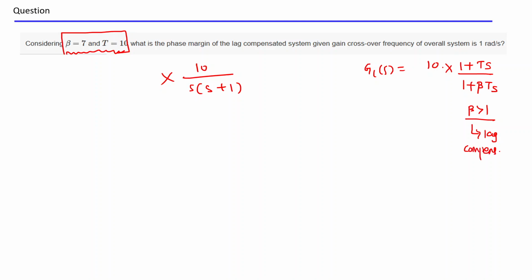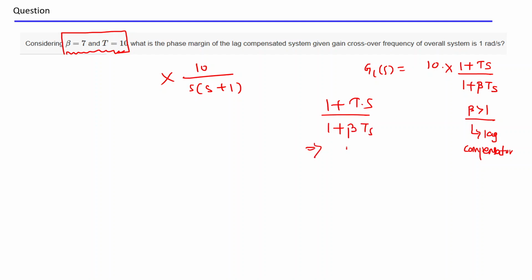These are the things you already discussed two weeks before, when I taught lag and lead compensators. Now you have to design it. The transfer function is 1 plus Ts divided by 1 plus beta T s.